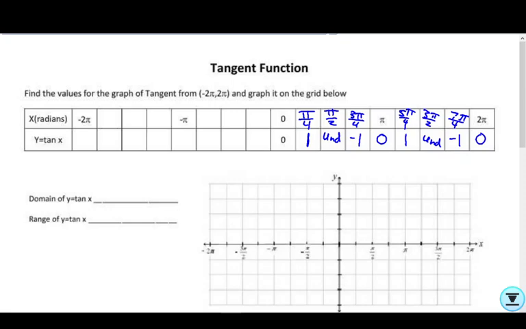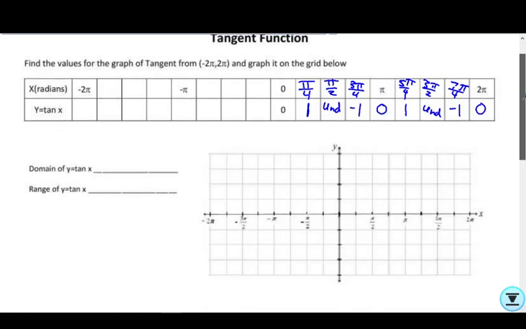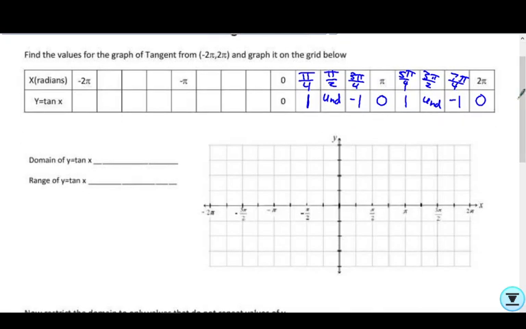So the last one is our tangent function. So I've written out the 0 to 2 pi. And so negative pi over 4, negative 1, negative pi over 2 is undefined.